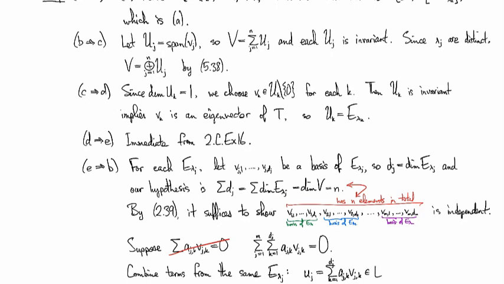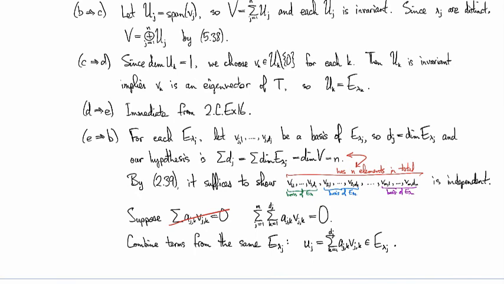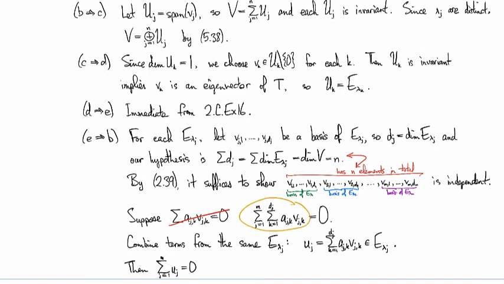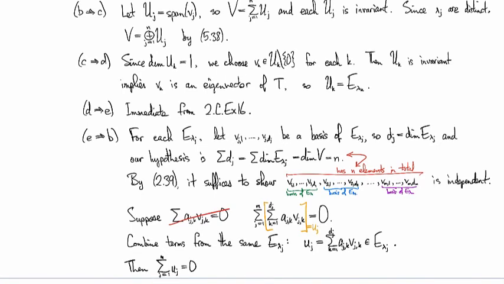This guy lives in E lambda j, so the linear combination of them lives in E lambda j as well. So then our summation from before becomes that the sum of the UJs is equal to 0. This right here is a UJ. So the sum of the UJs is equal to 0.